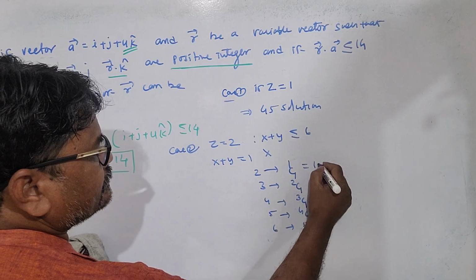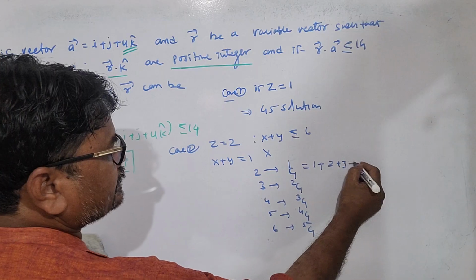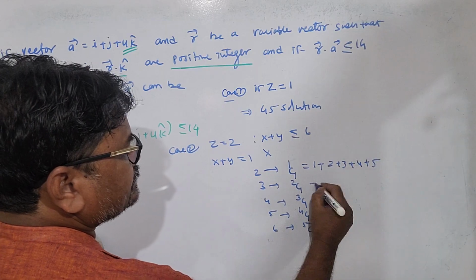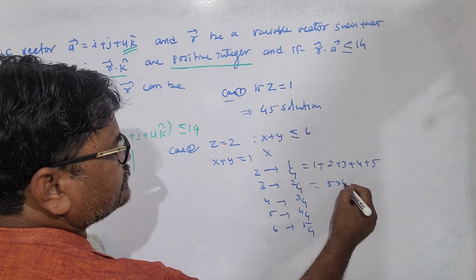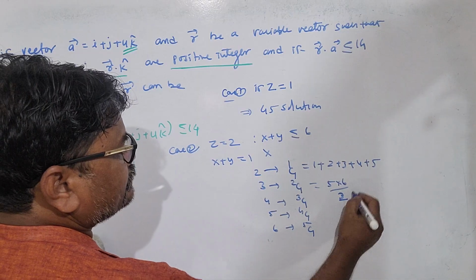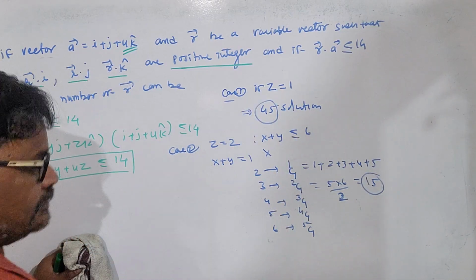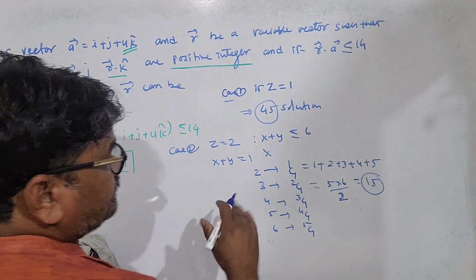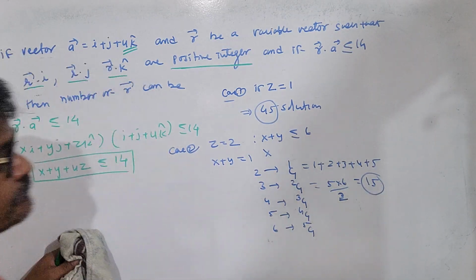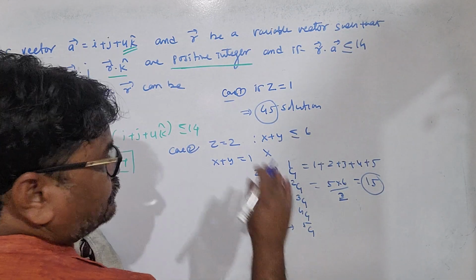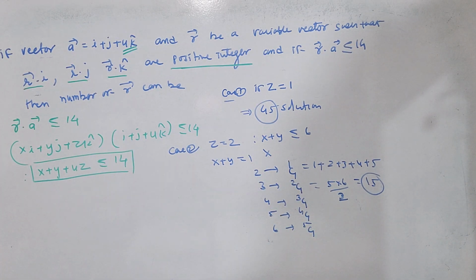So that is 1 plus 2 plus 3 plus 4 plus 5, which is 5 into 6 by 2, equal to 15. So case 1 gives 45 solutions, and case 2 when z equal to 2 gives 15 solutions. Up to this we have 60 solutions.